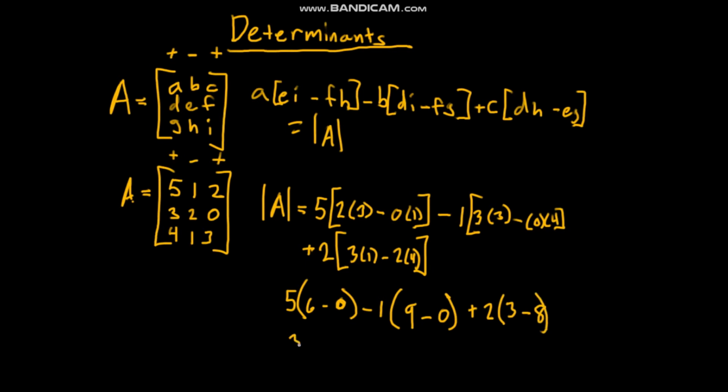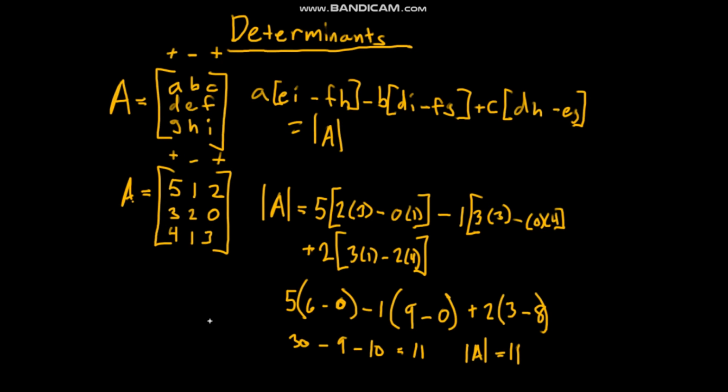So we would have 30 minus 9 minus, what is that, negative 5, 10, right? So that would come out to be 11. Determinant of A equals 11.